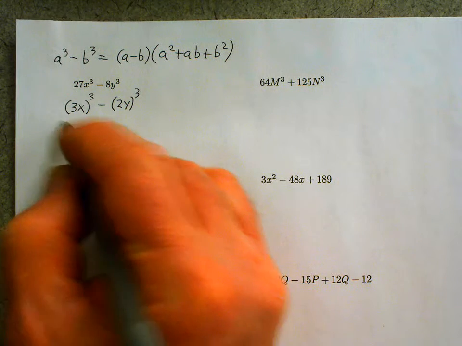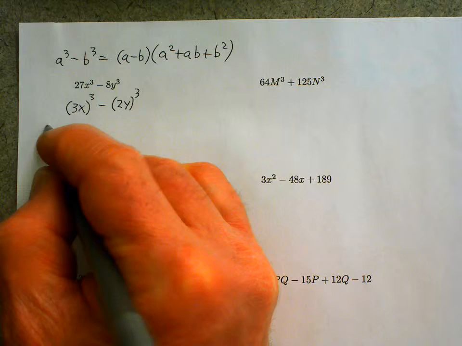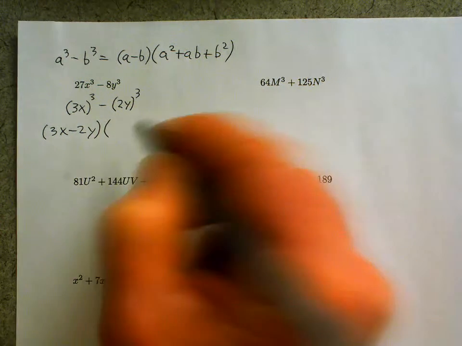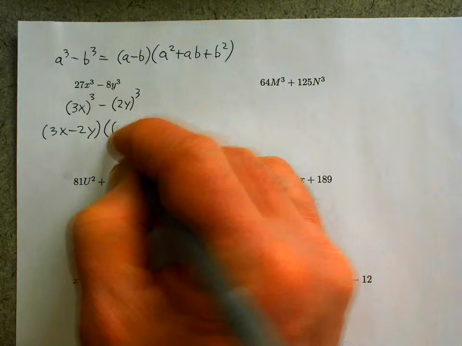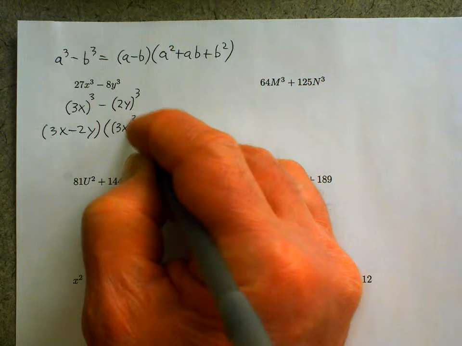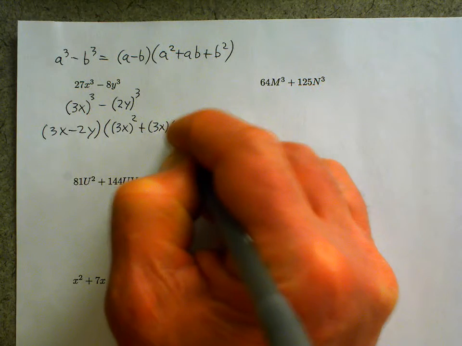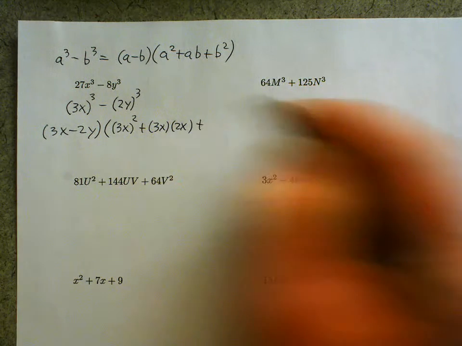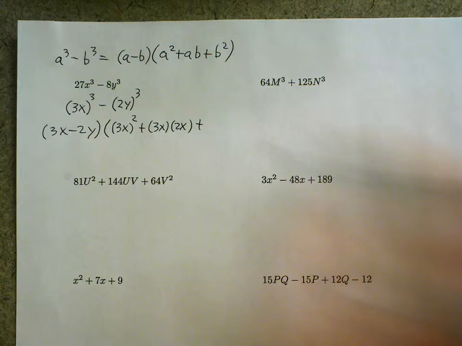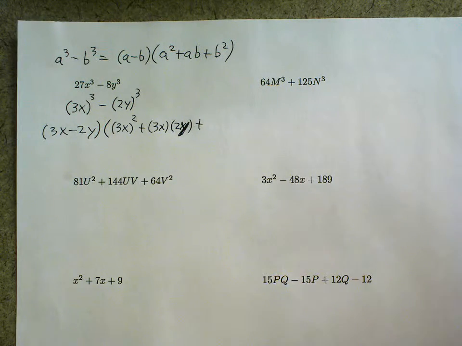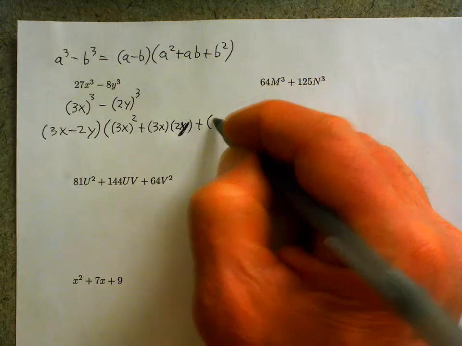Okay, so here we have a binomial factor, 3x minus 2y. And then in the trinomial, the first term, we square 3x. And then we add 3x times 2y. And then we add what we get when we square 2y.